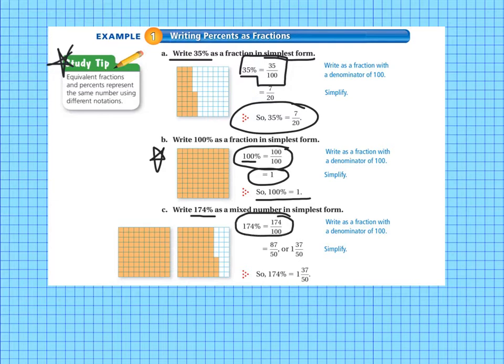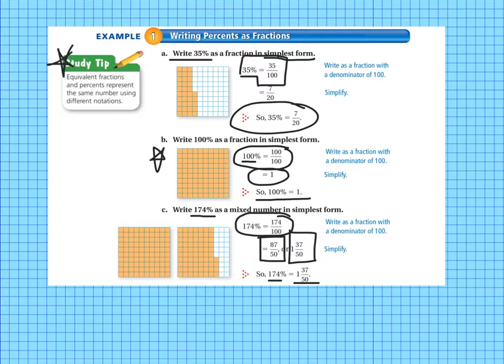And then we simplify that, and we divide the top and the bottom by 2. So the numerator becomes 87, and the denominator becomes 50. And then we want to make that into a nice mixed number. So it's 1 and 37/50. So 174% equals 1 and 37/50.